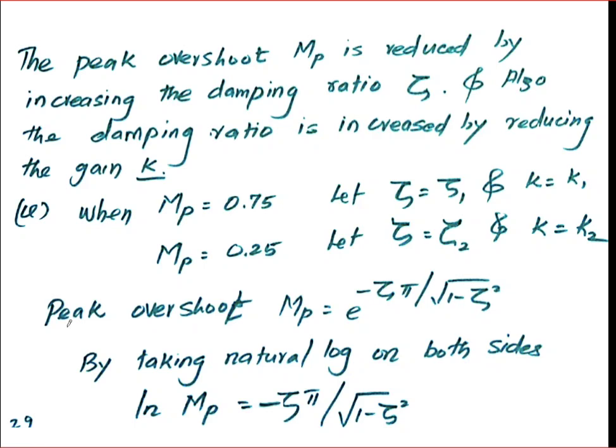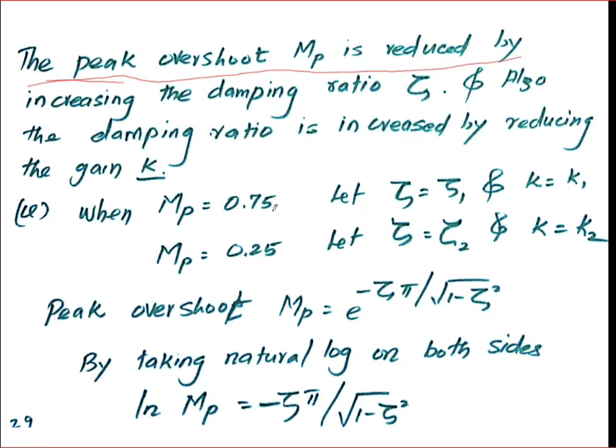Now the peak overshoot Mp is reduced. This is a very important statement; all of you must give importance to these two statements. The peak overshoot Mp is reduced by increasing the damping ratio zeta.